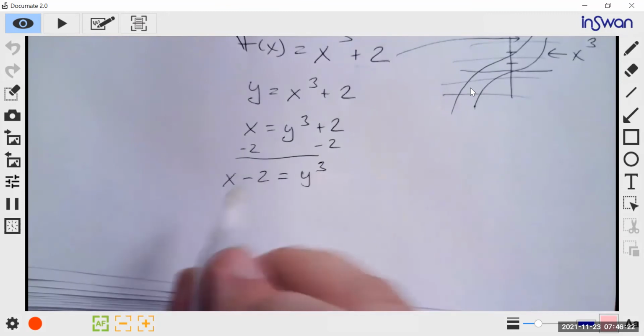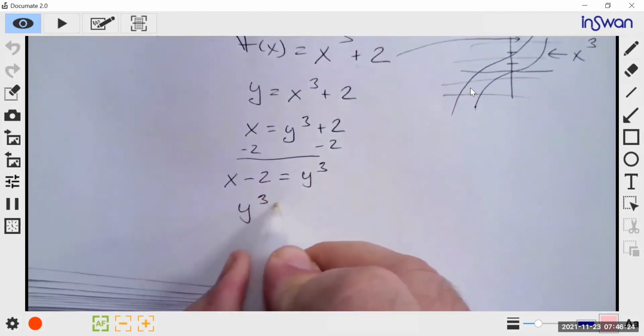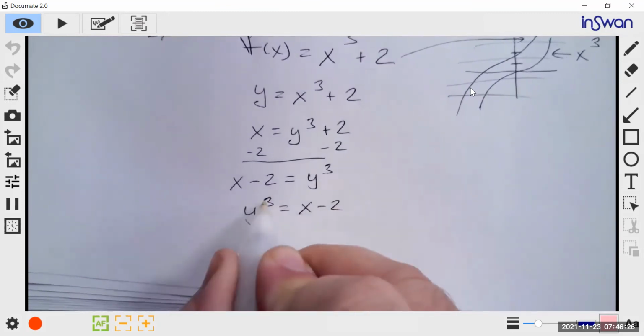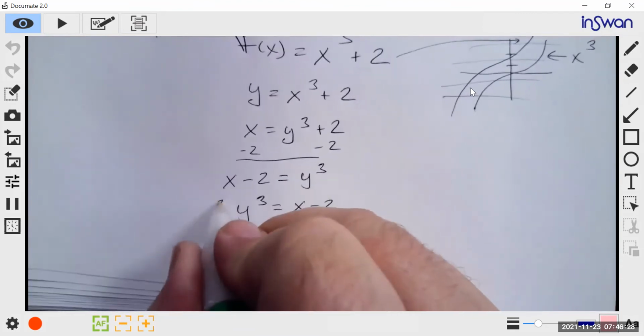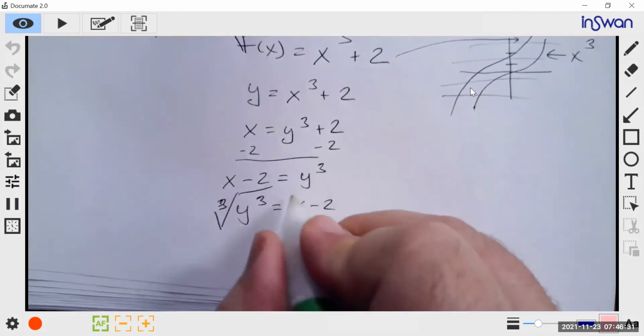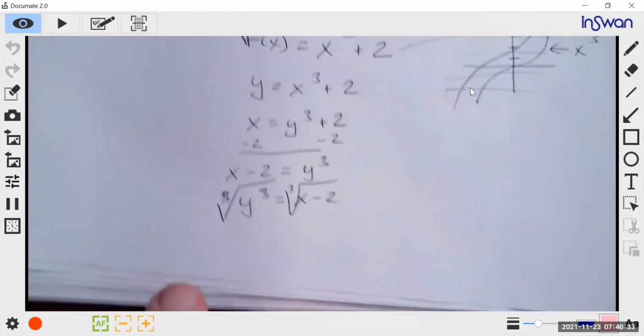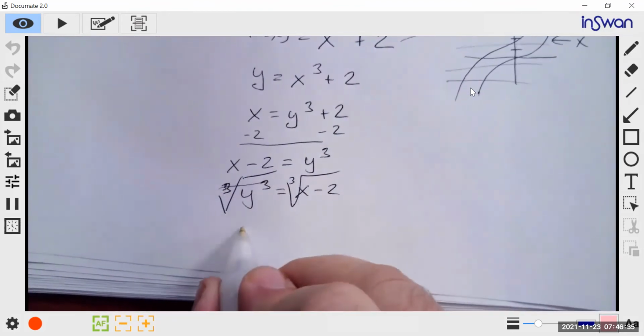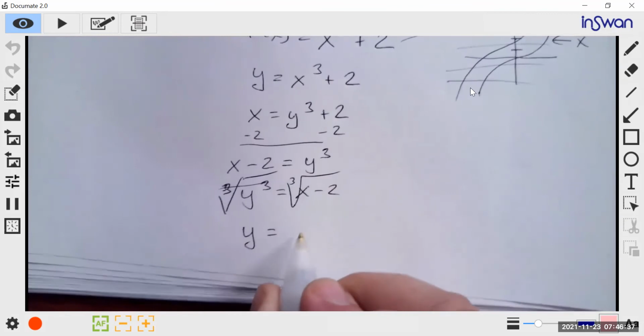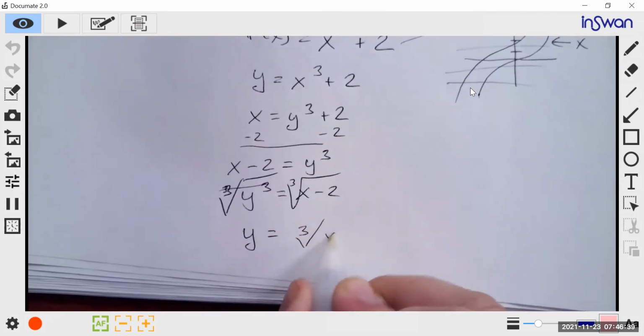We have y cubed equals x minus 2. To get rid of the cube, we have to cube root both sides. So y equals the cube root of (x minus 2).